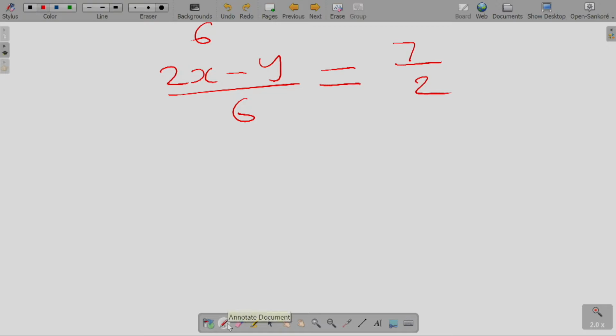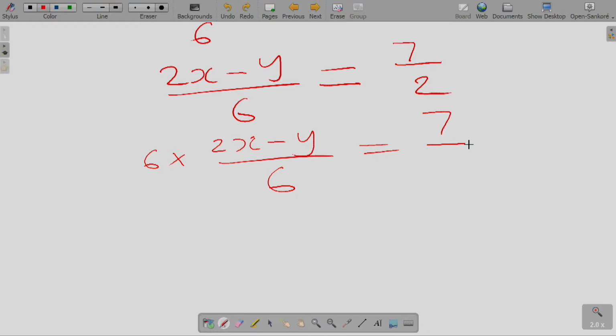So let's multiply both sides by 6. We'll have 6 times (2x minus y) over 6 equal to 7 over 2 times 6.